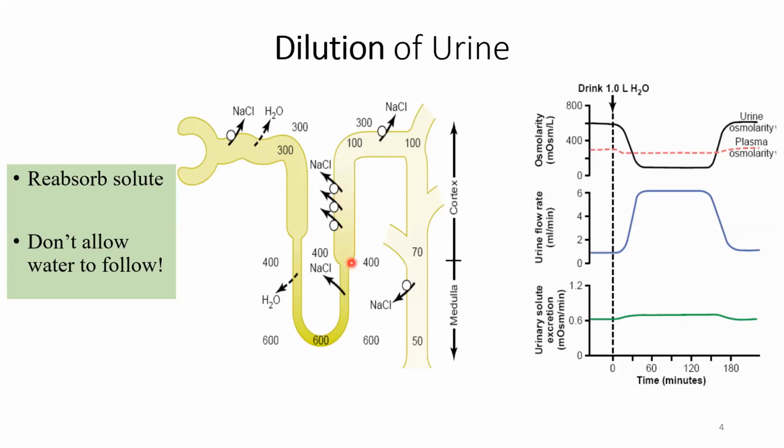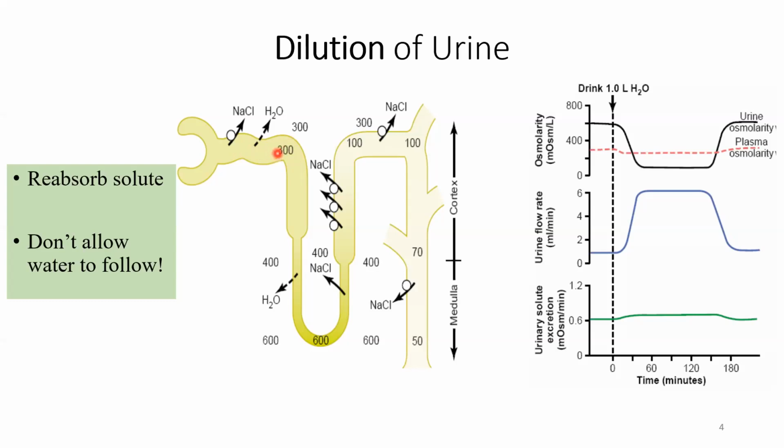You can also see these values of osmolarity of tubular fluid, that 300 is the plasma osmolarity. So when fluid flows out of the proximal convoluted tubule into the loop of Henle, the osmolarity of the tubular fluid is 300.